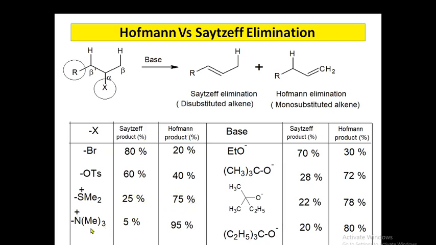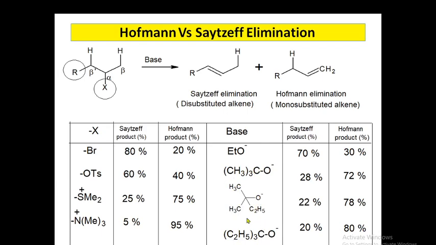And if you are taking a quaternary ammonium type leaving group, NMe3, then 95% you will get the Hofmann product, and only 5% you will get the Saytzeff product, because the bulk or size of the leaving group is increasing. The same approach you see in the case of the base. See here, base. Here we have taken the ethoxide ion, here tertiary butoxide, then you are taking again a bulkier base.